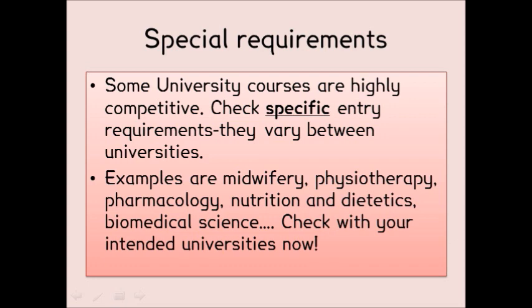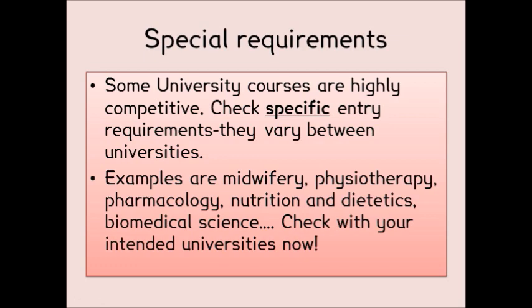It's particularly important with specialist and highly competitive courses at university, such as midwifery, physiotherapy, and so on. So do check with your intended universities now and make sure you know what they are expecting.